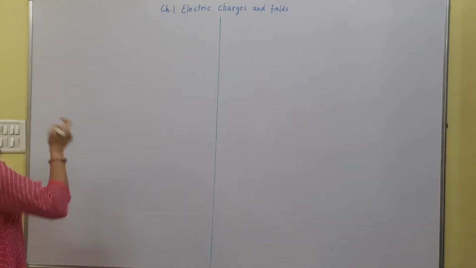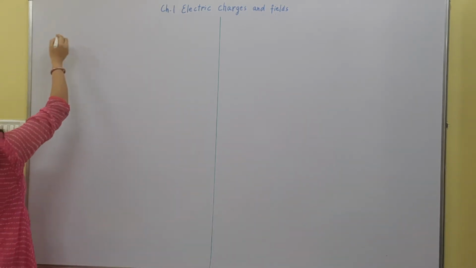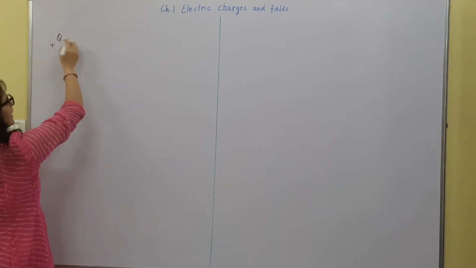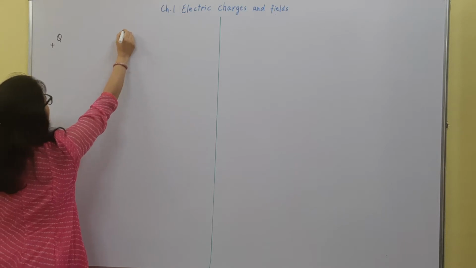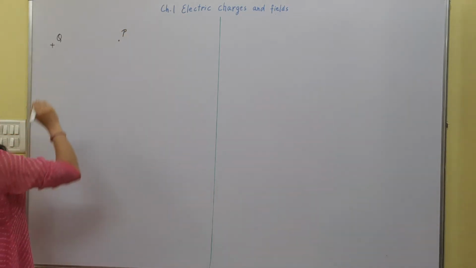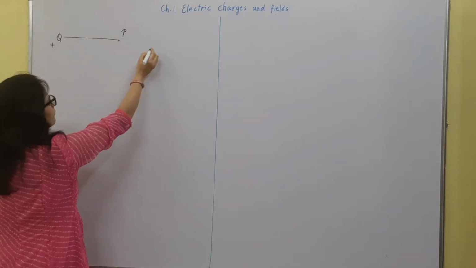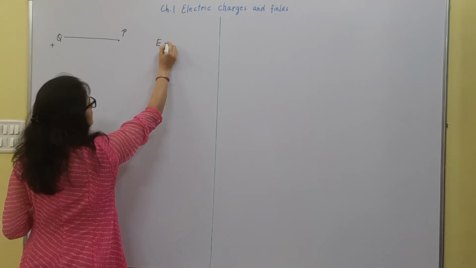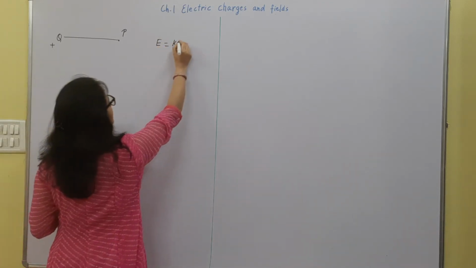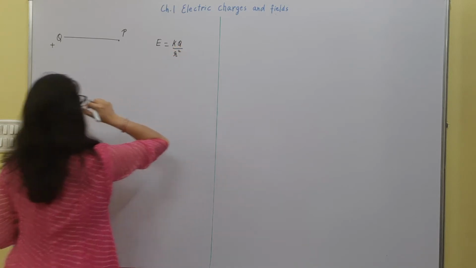We know that if we have a source charge Q over here and I want to find the electric field due to this source charge at point P, then the formula for the electric field is K, that is 1 by 4 pi epsilon naught, in case this is in air, Q upon R square.